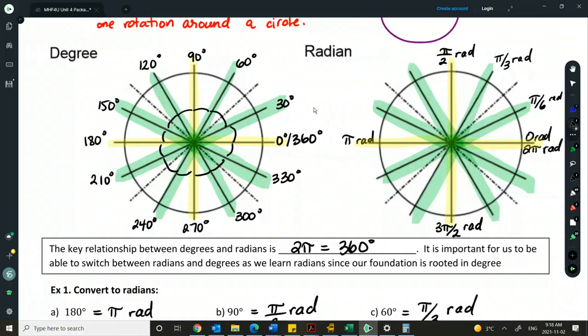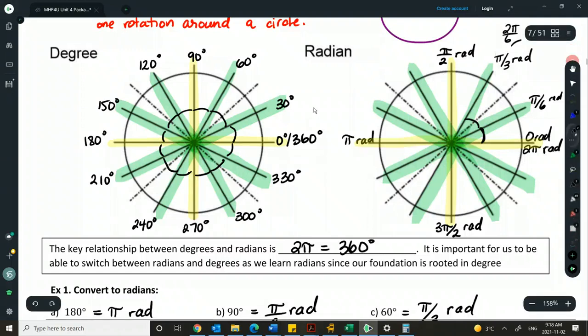All I really need to do is count by pi over 6s. So if I know that one slice is pi over 6, then I know the next one will be 2 slices of pi over 6, right? Which is 2 pi over 6. What does 2 pi over 6 reduce to? So pi over 3, right? Which we already have figured out.